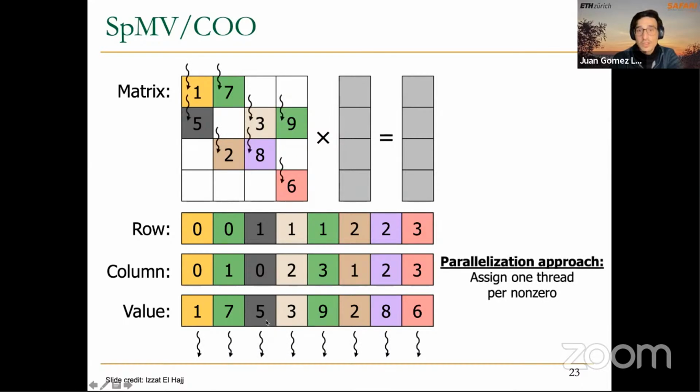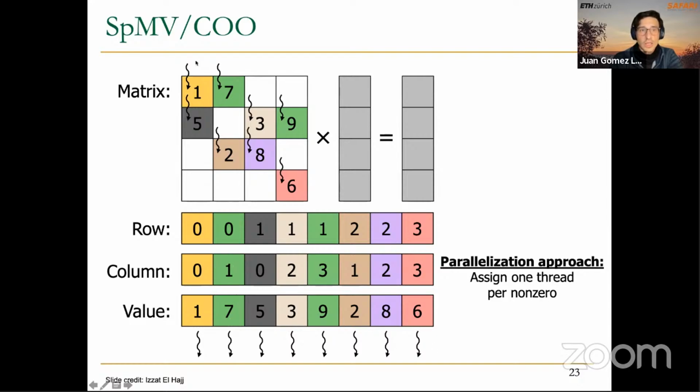The first parallelization approach to this SPMV algorithm using COO is to assign one thread per non-zero element, because we have all these 3 input tuples in memory. We can simply assign each of the threads of our kernel, of our grid, to consecutive elements, right?